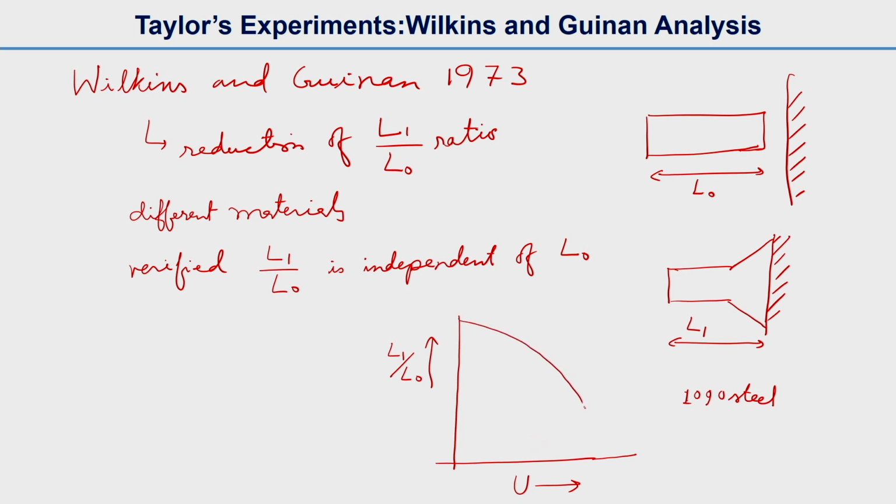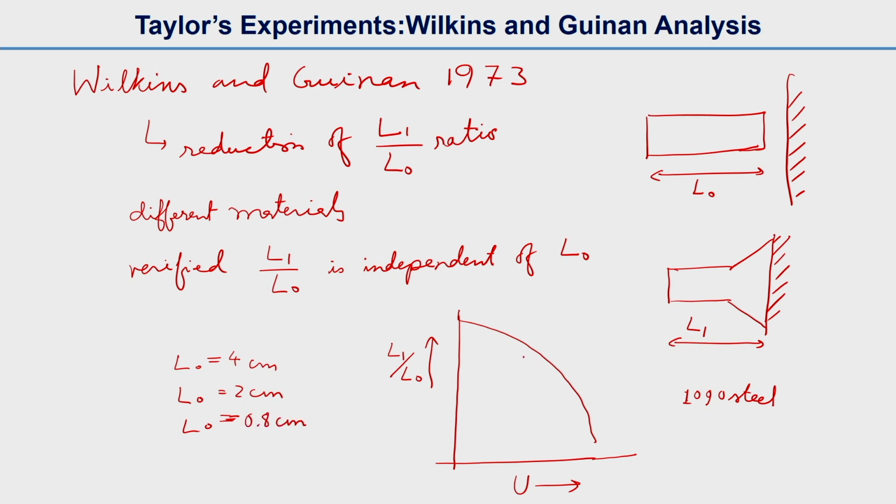The plot looks something like this, and they used three different L0 values: L0 equal to 4 centimeters, 2 centimeters, and something below 1 centimeter, say 0.8 centimeter.